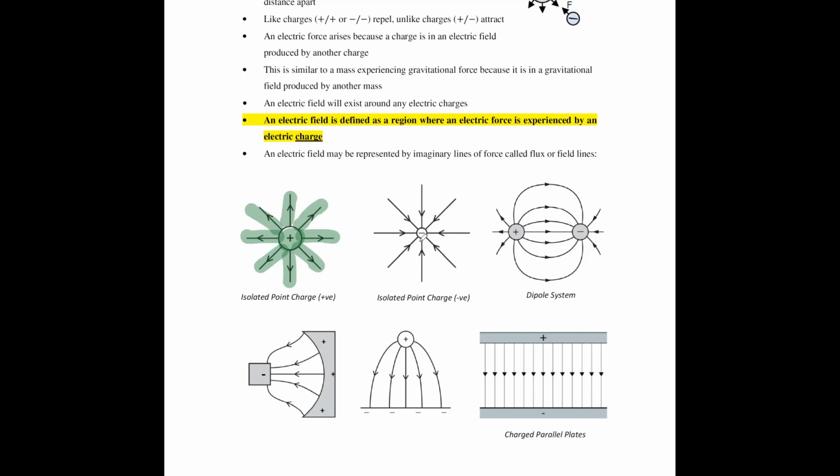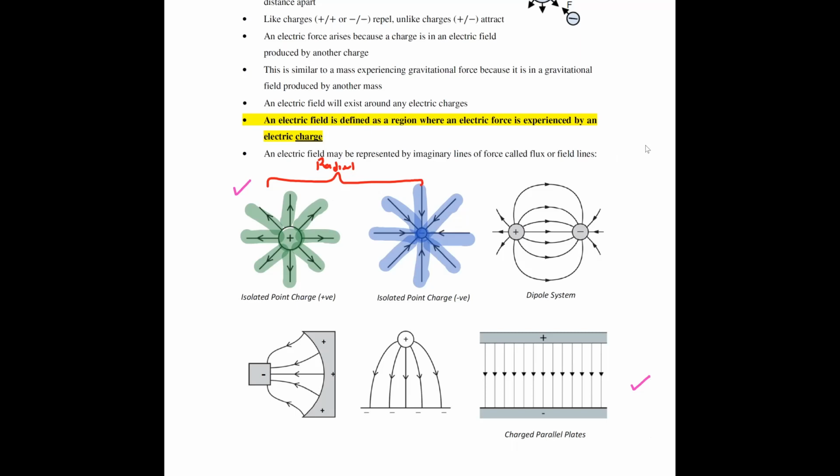But if you have an isolated negative point charge, your field lines would also be radial like this. These are what you call radial field lines. Then the rest of these field line systems that you see here, you don't really need to remember them. Only the first two is something that you need to remember, and the last one here.